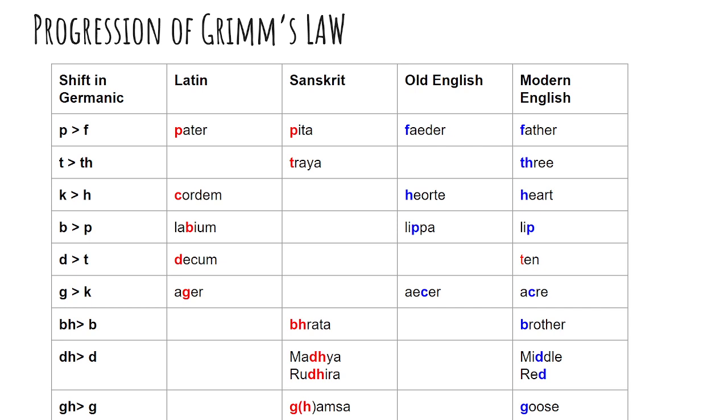The final change that we notice is in the aspirated gh becoming g. Hamsa in Sanskrit is the modern English variant of goose.